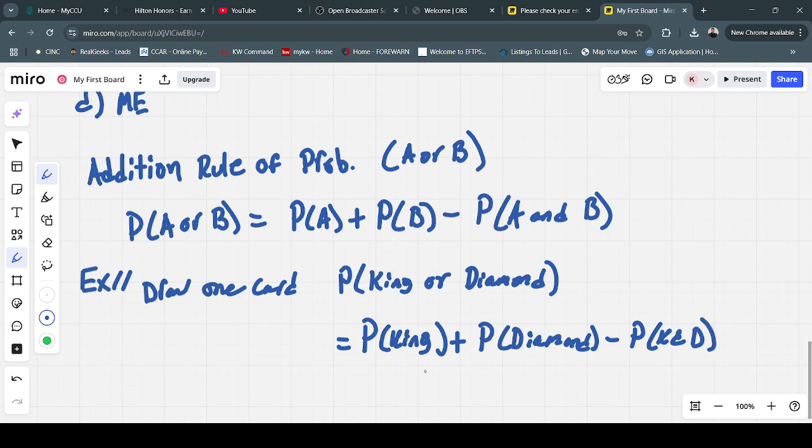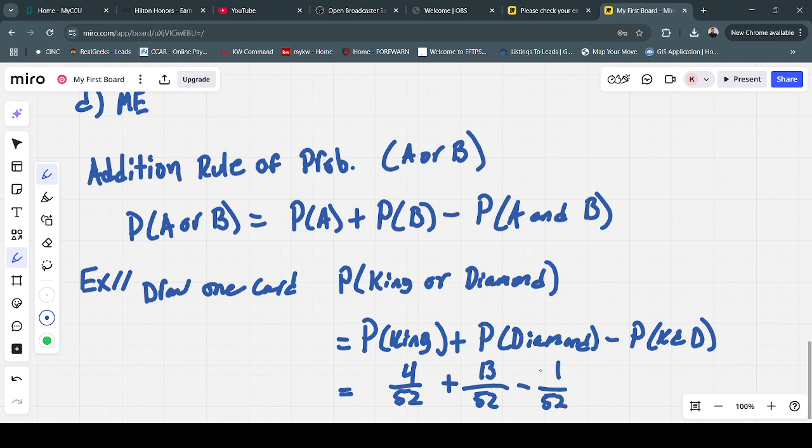King is 4 out of 52, since there are 4 kings in a deck of 52 cards, plus 13 diamonds out of the 52 cards. This is the one thing people don't remember a lot: there are 4 kings, but there are 13 diamonds. There's one card in the whole deck that satisfies both conditions at the same time.